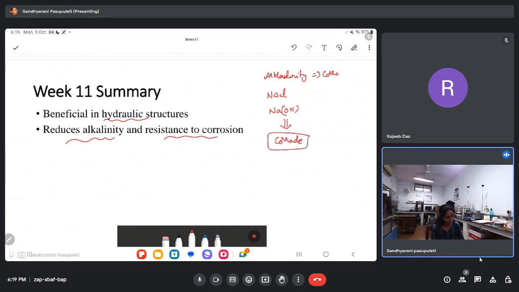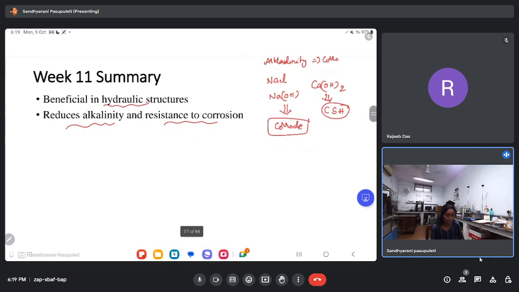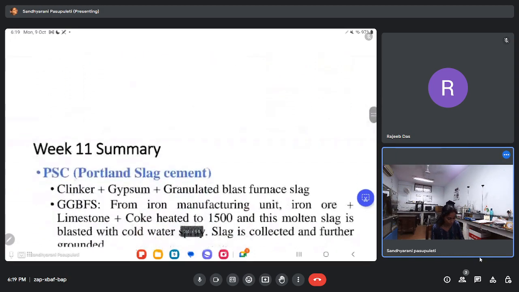So we have to reduce the alkalinity so that we can avoid the corrosion. By converting the Ca(OH)2, calcium hydroxide, into CSHs, we are reducing the quantity of it in the cement or concrete mixture. Thereby, we are also increasing the resistance to corrosion.